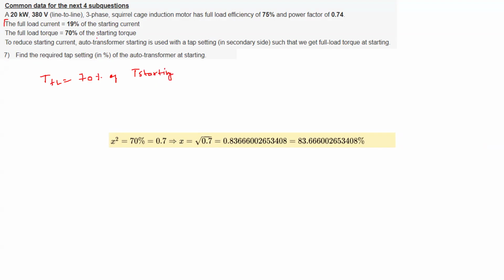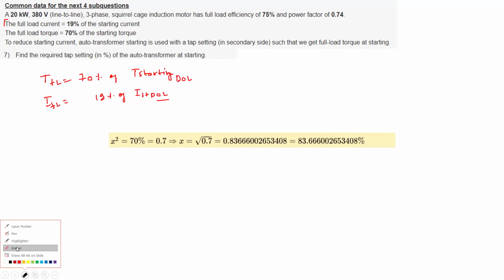T starting basically means T starting DOL, because if you do not use any methods, that is the thing. So wherever they are giving you these ratios, suppose I full load is 19% of I starting DOL. These are all DOL by default, because there is no starting method given in this data.